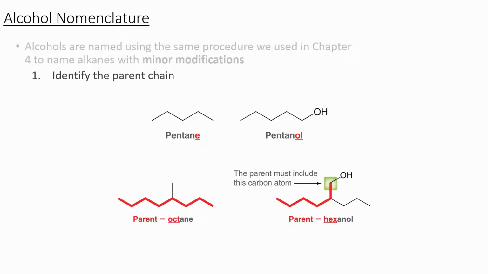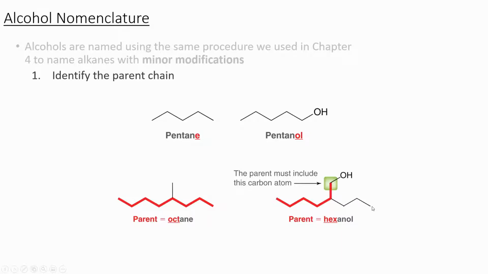On this next example, we have an 8-carbon chain as our parent chain, so this would be 4-methyloctane. And if we replace that with an alcohol here, now we have to figure out what the parent chain is. We identified that in this molecule, the parent chain was 8 carbons, 1, 2, 3, 4, 5, 6, 7, 8.